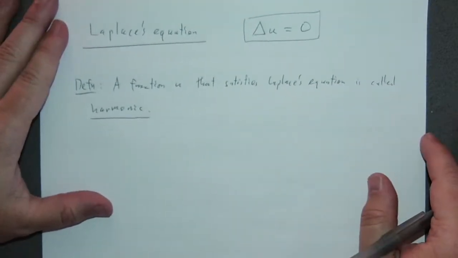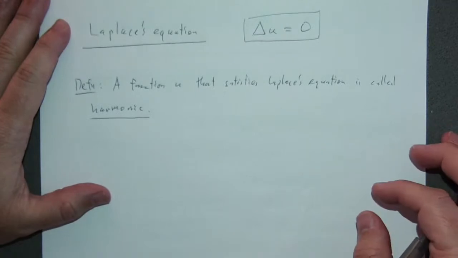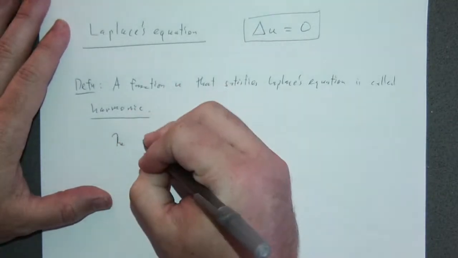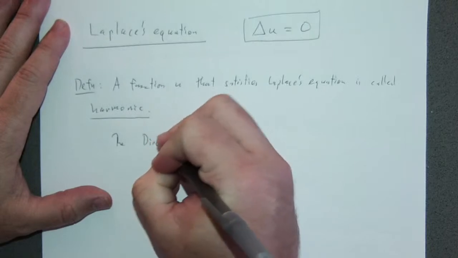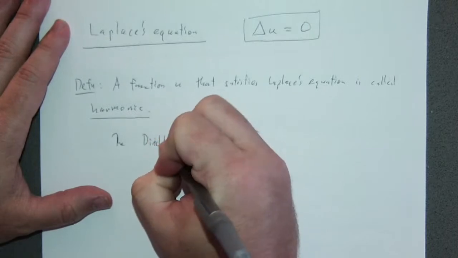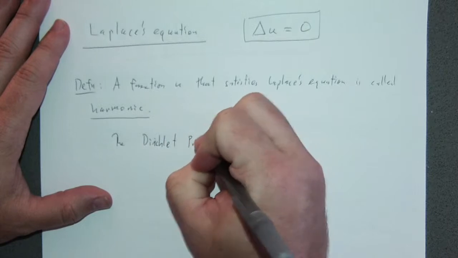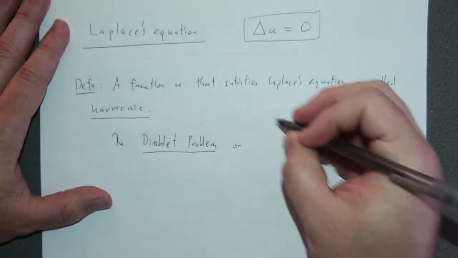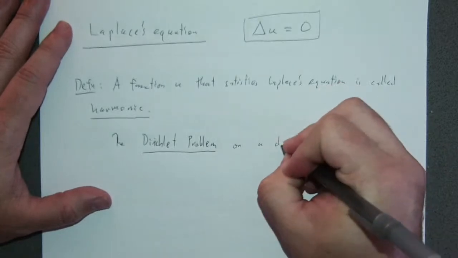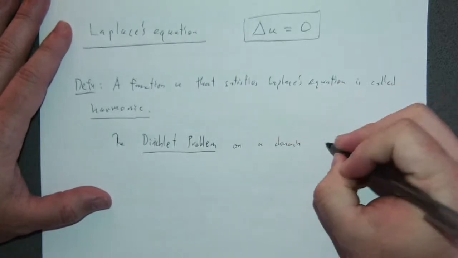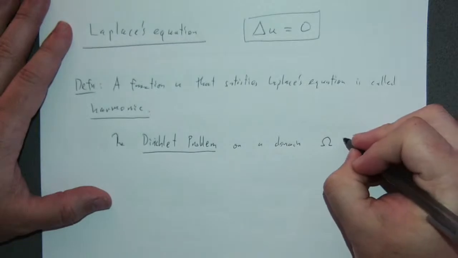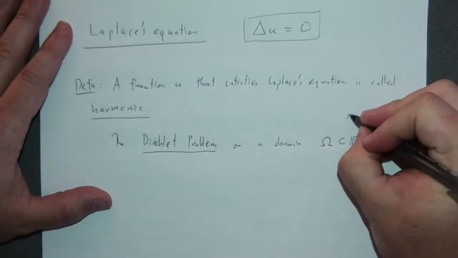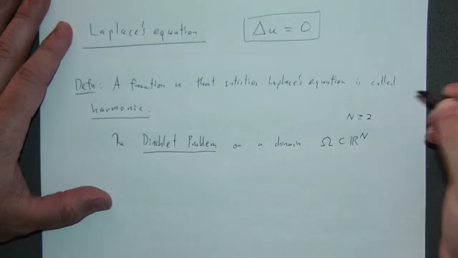So the associated Dirichlet problem, the Dirichlet problem on a domain, say omega in Rn, where n is greater than or equal to 2.